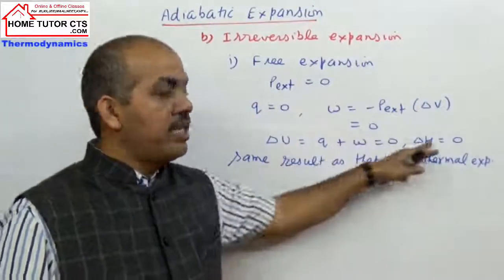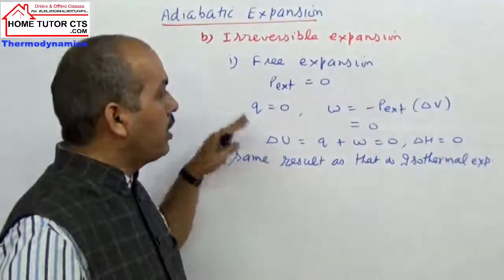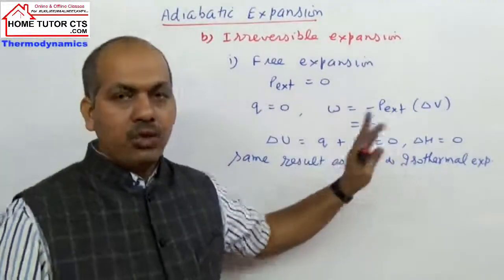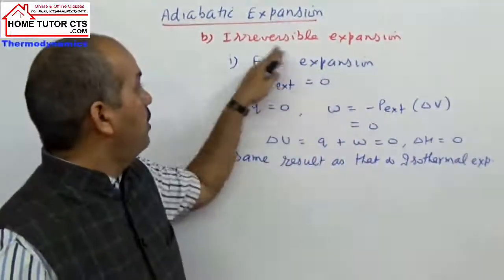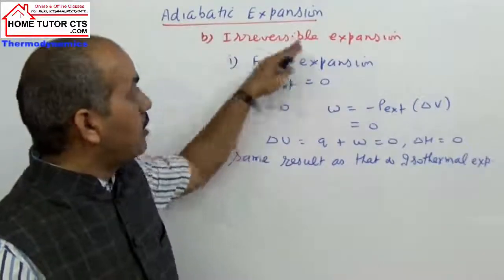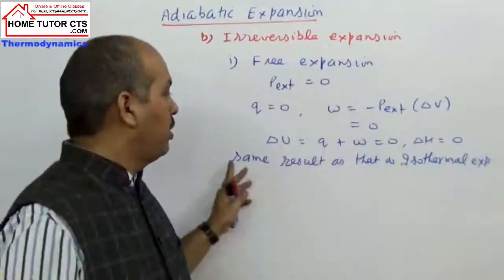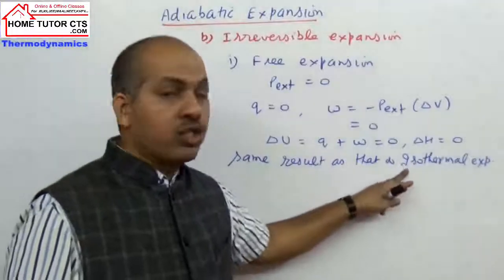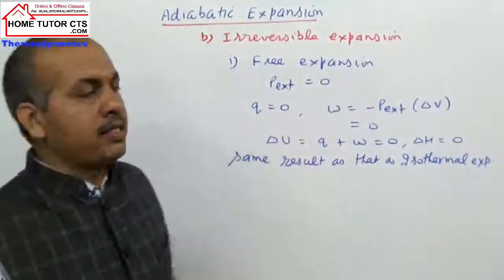Delta U 0, so delta H was 0, already we explained. When delta U is 0, everything is 0, it is the case of free expansion in irreversible adiabatic expansion. It is the same as that of isothermal irreversible expansion.